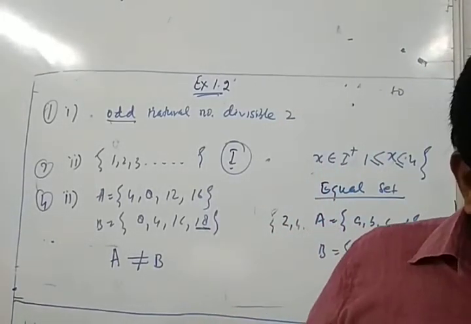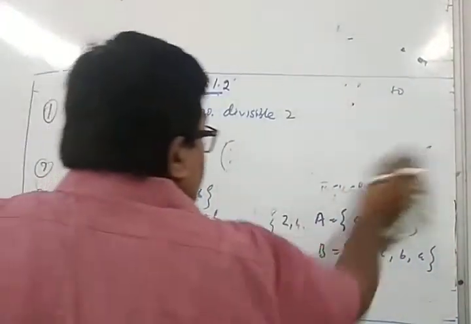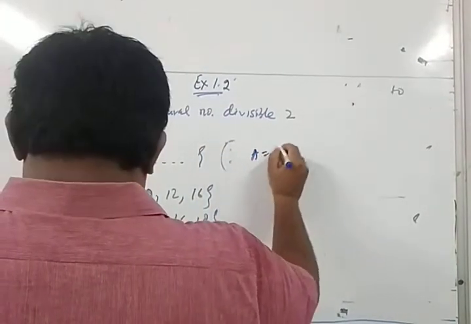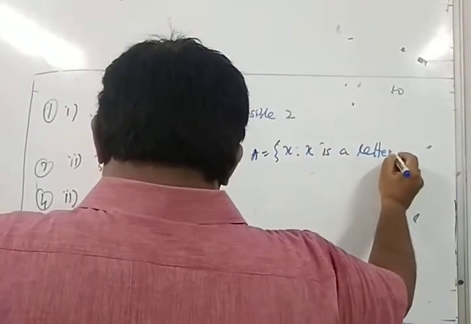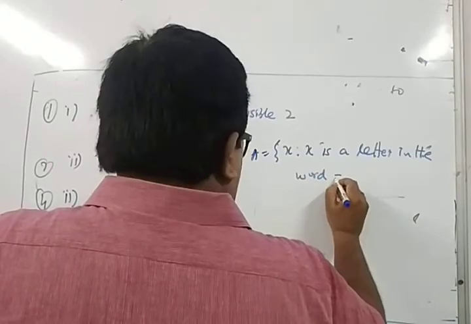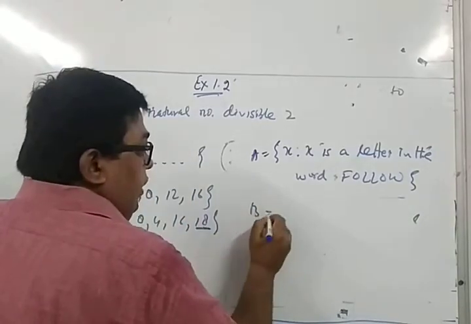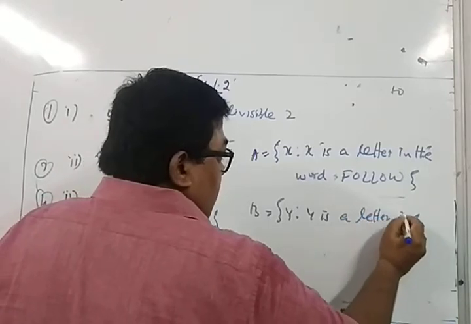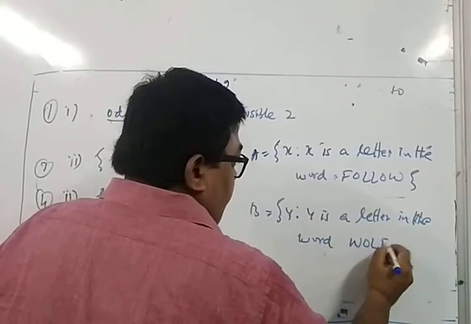One more question. We have a set A, x such that x is a letter in the word FOLLOW, and B, y such that y is a letter in the word WOLF.